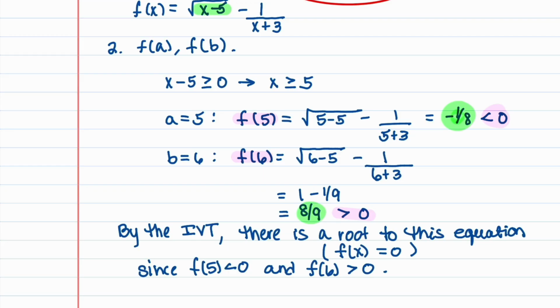The intermediate value theorem tells us that our function is going to take on all the values between f of 5 and f of 6, which means it's going to take on the value of 0, which is a root to our equation.